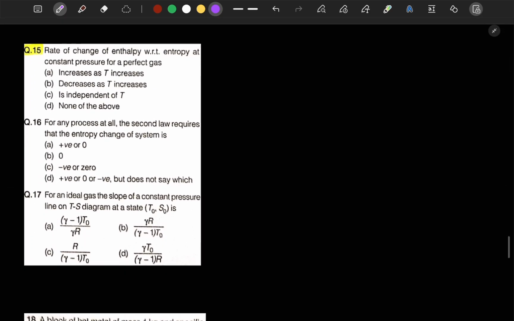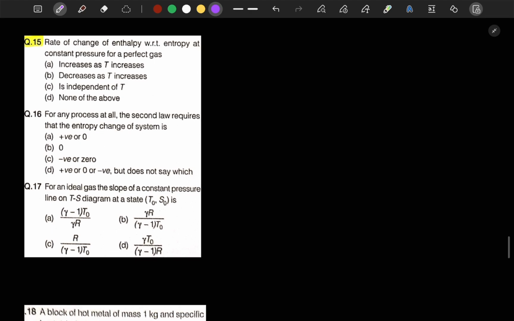Moving to next question. It is given that rate of change of enthalpy with respect to entropy at a constant pressure, for a perfect gas.